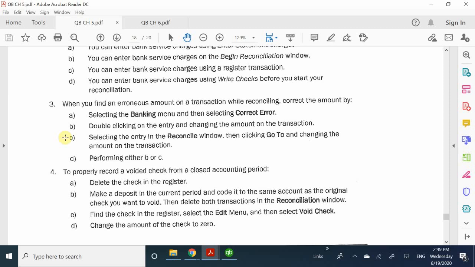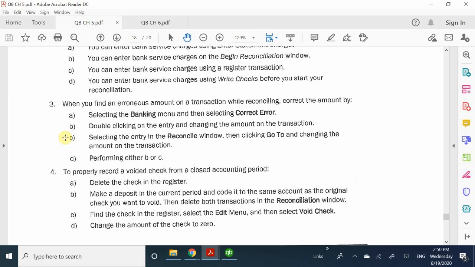A, selecting the banking menu and then selecting correct error, or B, you double click on the entry and then change it to the corrected amount of the transaction, or C, you select the entry in the reconcile window, then click go to and change.